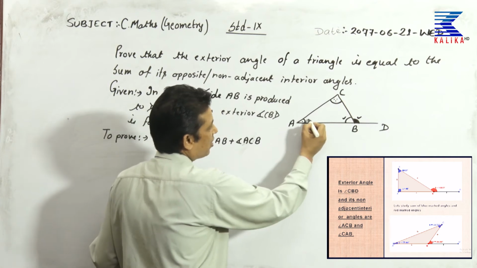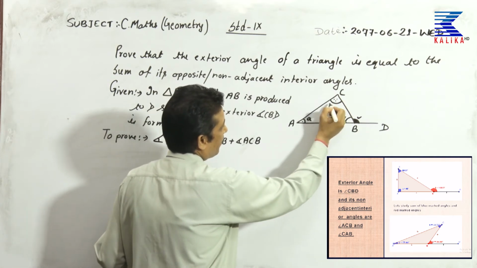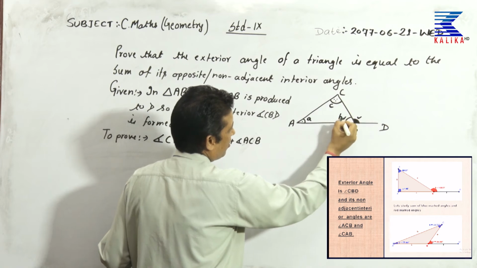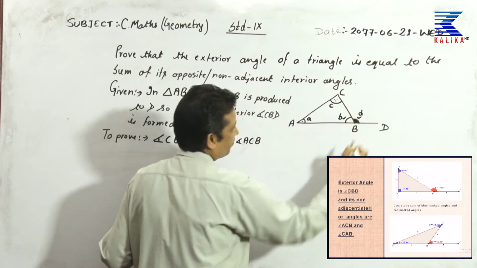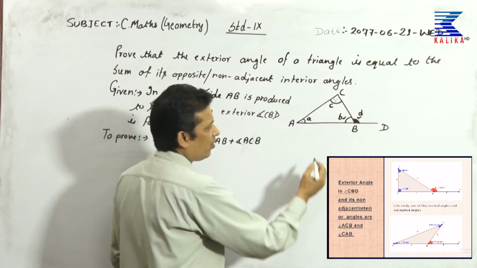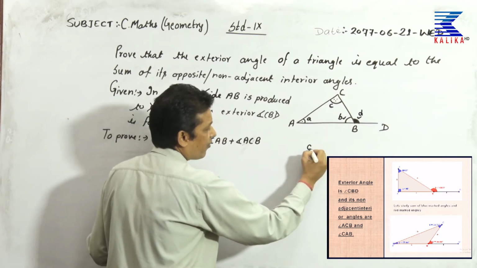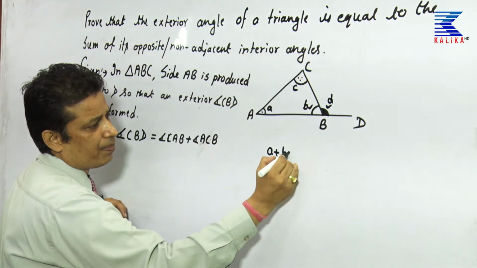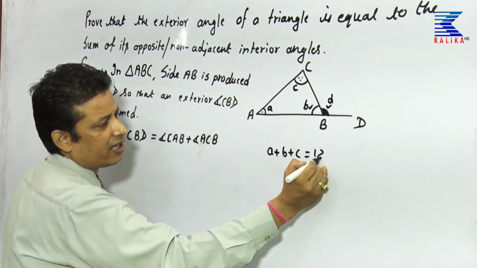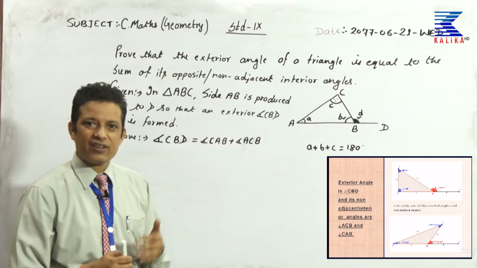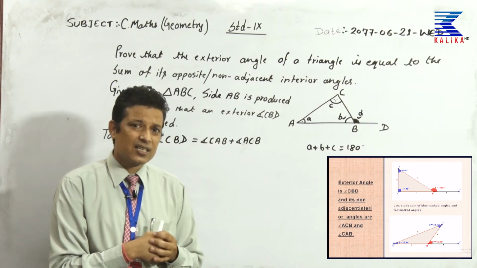Let us suppose this is a, this is small c, this is small b, and this angle is d. So, simply here I am just going to show you what is the sum of a plus b plus c, dear student. It is 180 degrees, because the sum of interior angles of a triangle is 180 degrees.